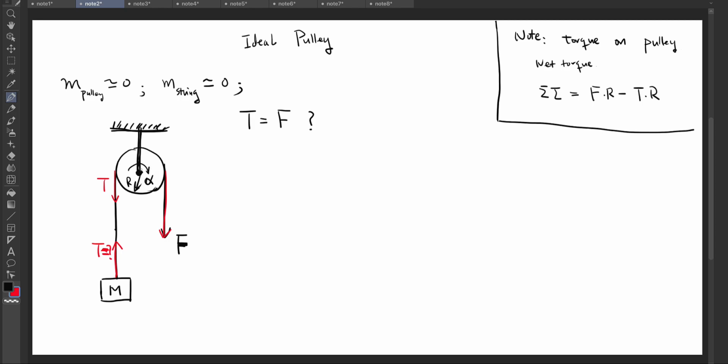They each introduce a torque around this axis, and the pulling force introduces a bigger torque. So that's why we do this subtraction here, and that equals the so-called rotational inertia I times alpha. And this I here is proportional to the mass of the pulley.